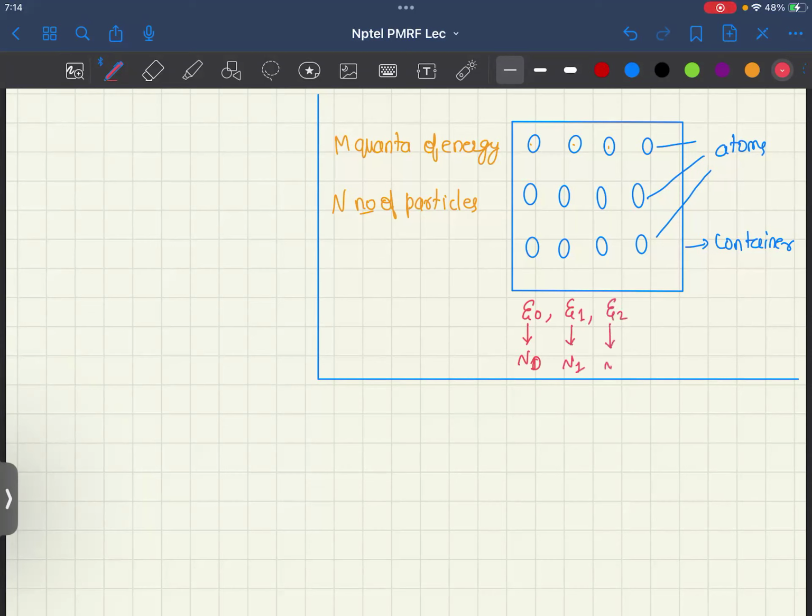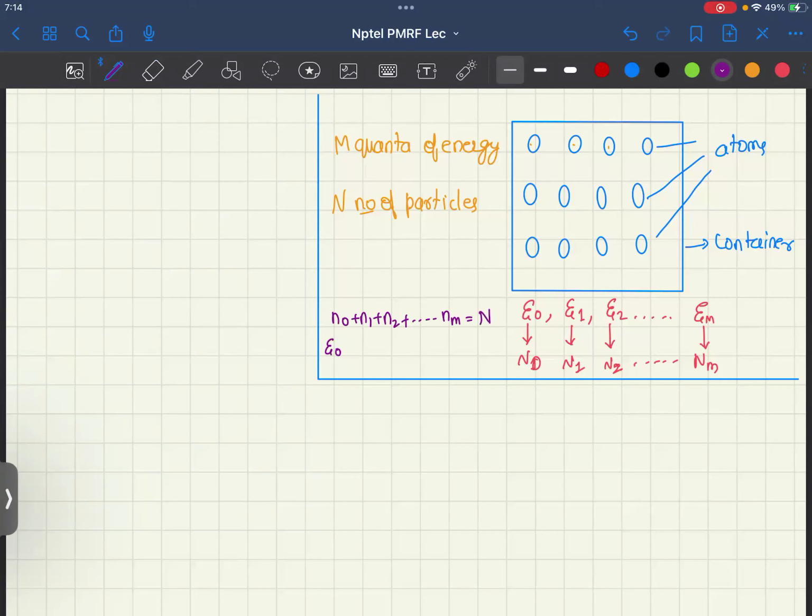Epsilon 2 quanta of energy to n2 particles, such that epsilon m amount of energy is given to the nm particles, such that n0 plus n1 plus n2 plus up to nm is nothing but the total number of particles which were initially present.